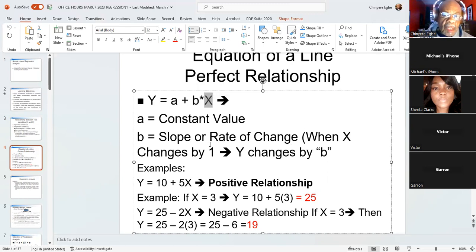When x changes by 1, y changes by b, whatever b is. b could be a fraction, a whole number, a big whole number, or a small whole number. It could be positive, it could be negative.